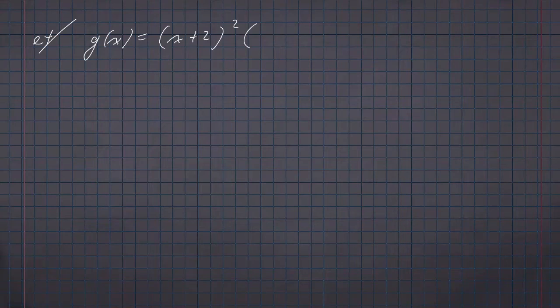All right, so let's take a look at another function. Let's look at g of x, which is going to be (x plus 2) squared, (x minus 1), (2x minus 5) cubed.